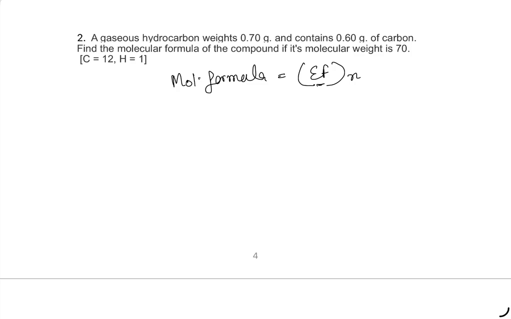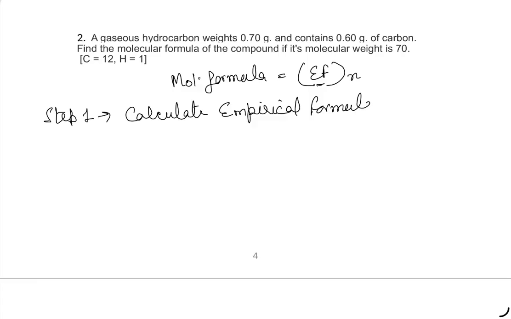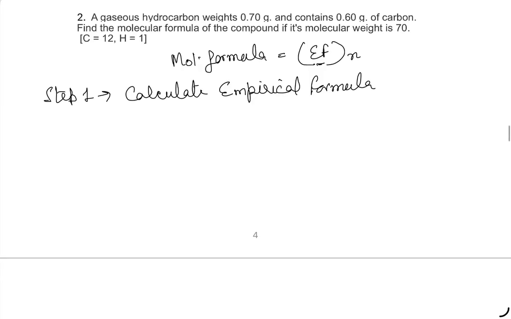So let's do it stepwise. Step 1 is calculation of the empirical formula. Empirical formula calculation requires that tabular column calculation. So we will do it again in the similar way to what I did in the previous question.